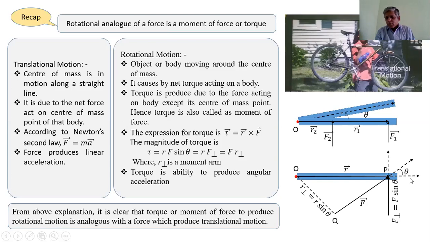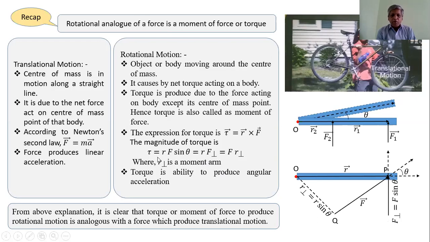Due to F cos theta there will be no turning effect, but due to the perpendicular force F sine theta, the door gives the turning effect. Therefore, instead of F sine theta, we write here F perpendicular.